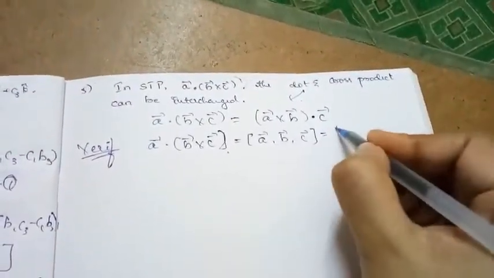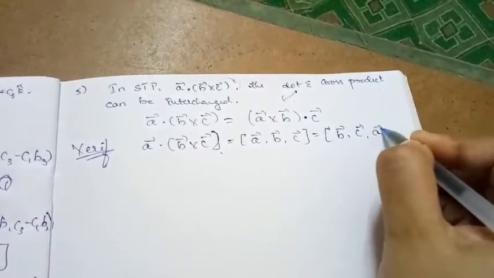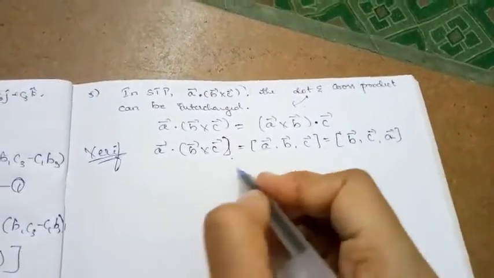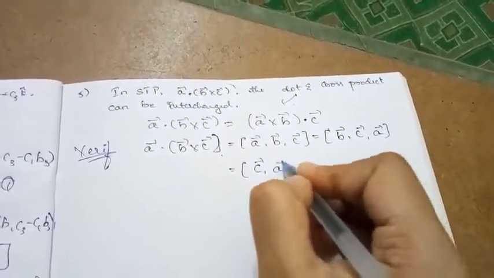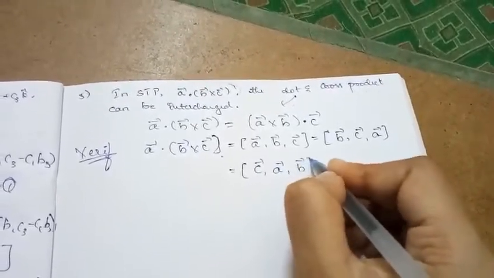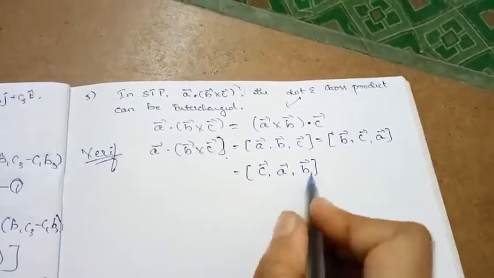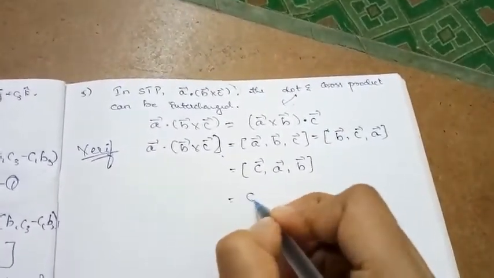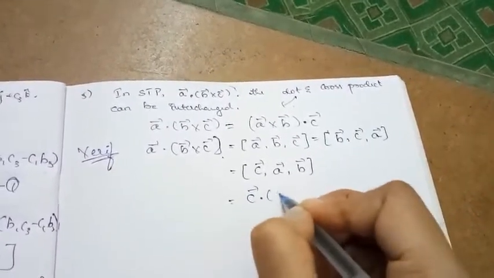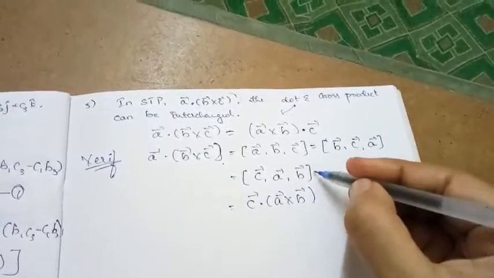So this is equal to vector B, vector C, vector A, and this is also equal to vector C, vector A, vector B. So now what does this represent? Vector C, vector A, vector B is nothing but vector C dot vector A cross B.